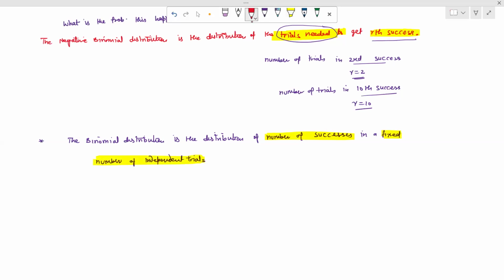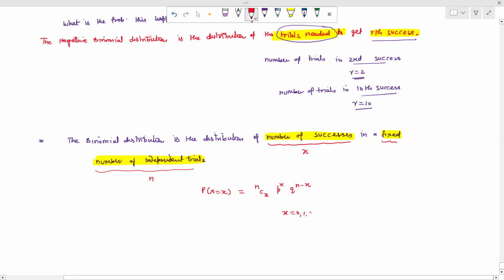The number of successes in a binomial distribution we denote as x, and the fixed number of trials we denote as n. That's why we write the probability mass function of the binomial distribution as, for x successes, nCx p raised to the power x times q raised to the power n minus x, where x equals 0, 1, 2, 3, and so on. p is the probability of success and q is the probability of failure.